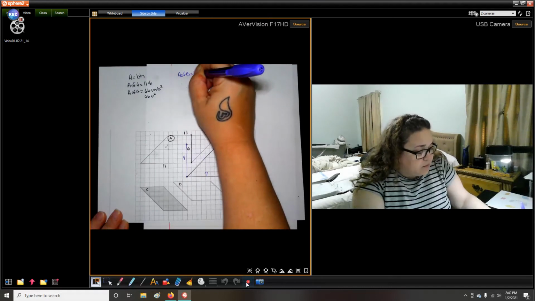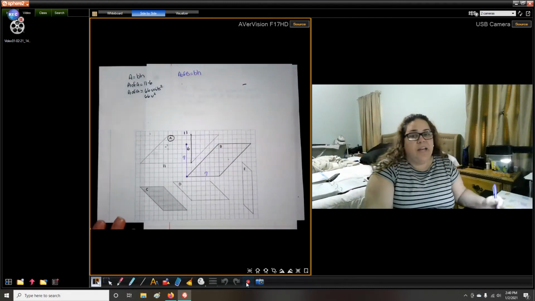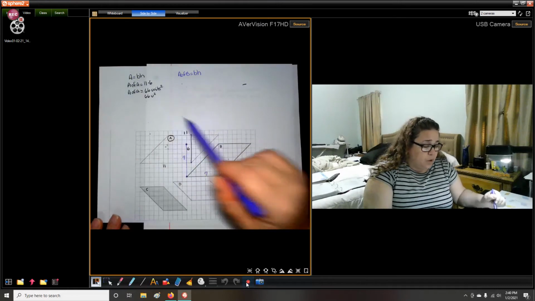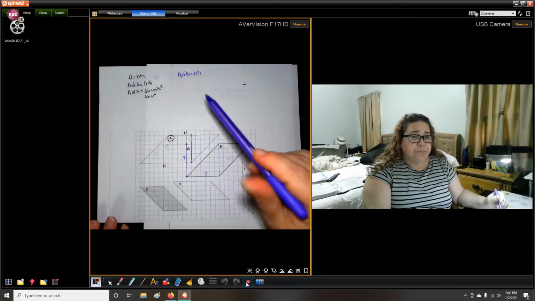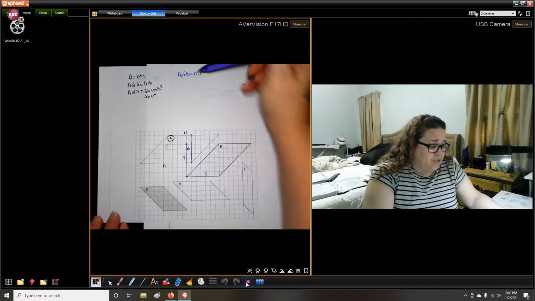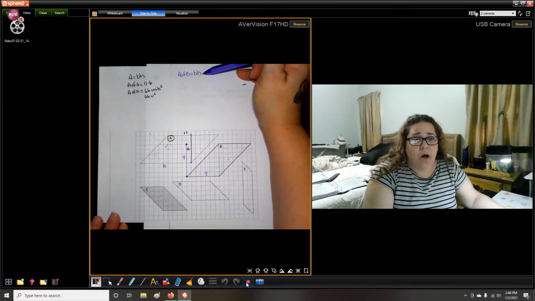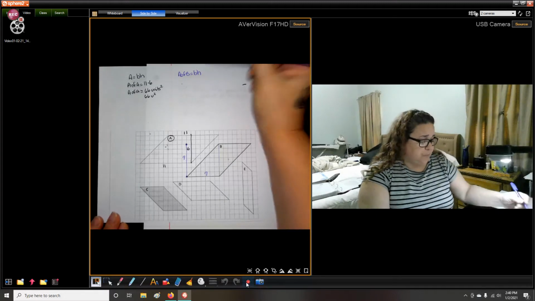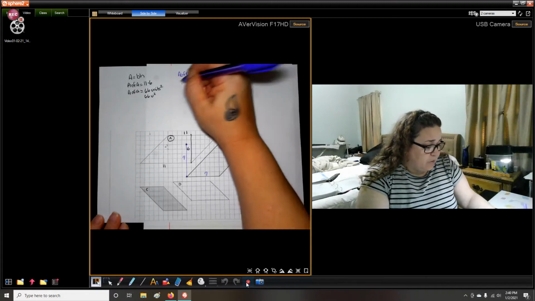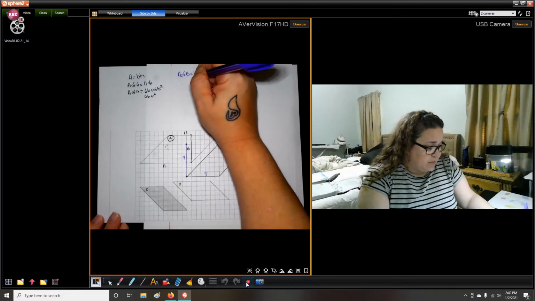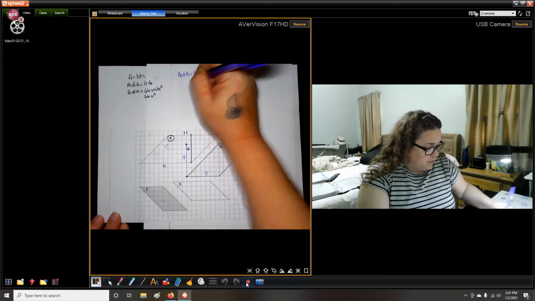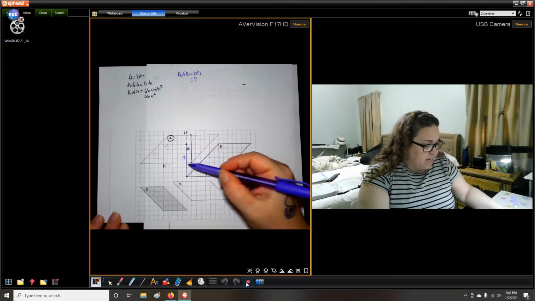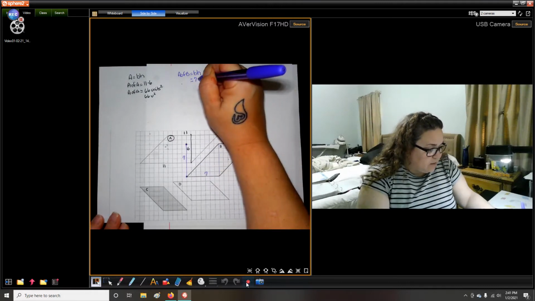equals base times height. Okay, so notice that both times when I started doing the work for my area solution, I started by writing the formula. Automatically, every time, start with the formula. Okay? So, now I know that area equals base times height, which is base is 7, and height is 7.